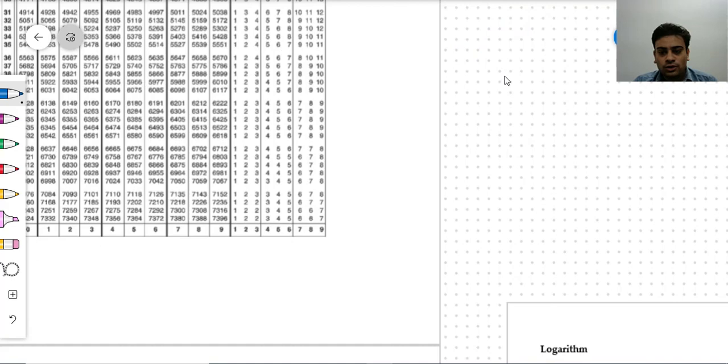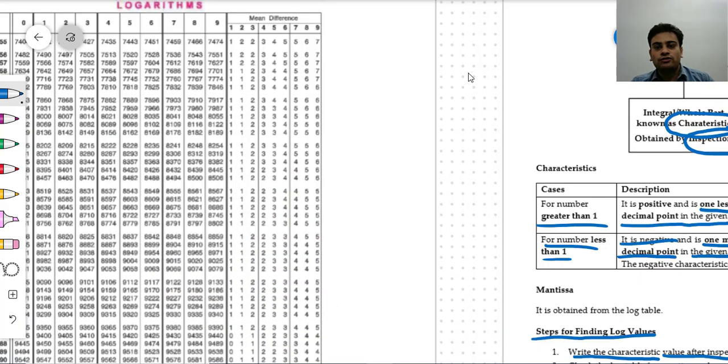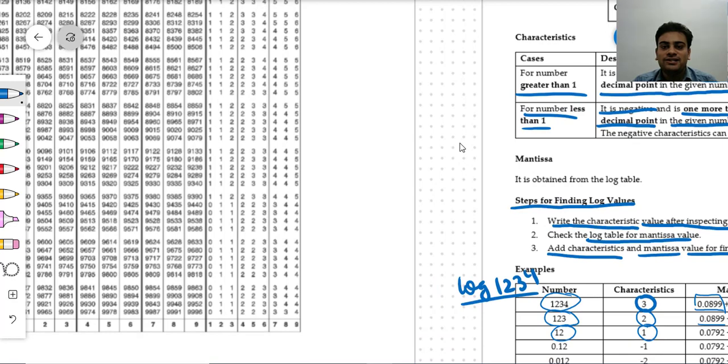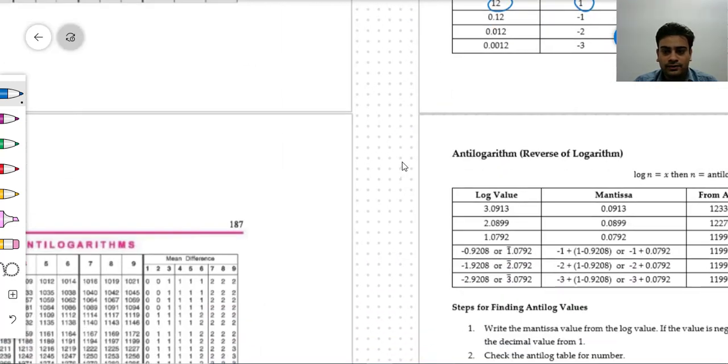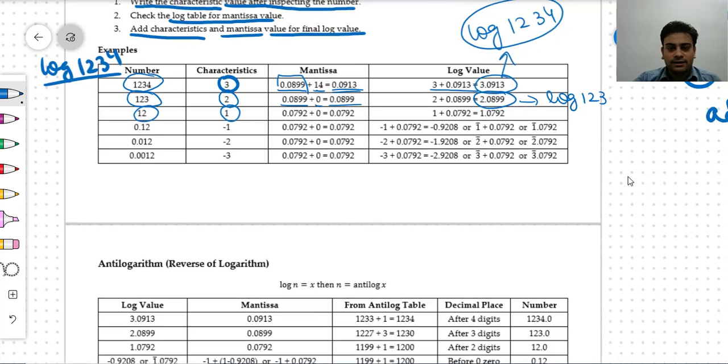Is this clear? In those cases when we don't have mean difference, or you can say the 4th digit, we will ignore mean difference. When we don't have the third digit, we always take the first column where my third digit is equal to 0. You can see here my corresponding Mantissa is 0.0792, and the mean difference is 0, so it is 0.0792.